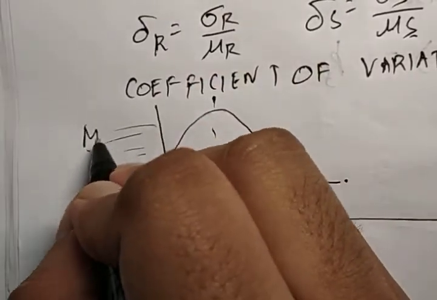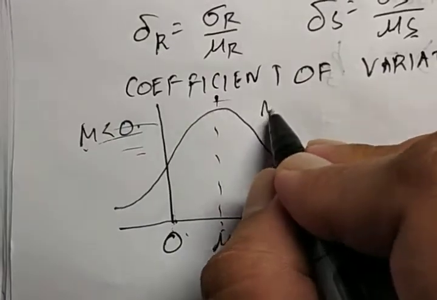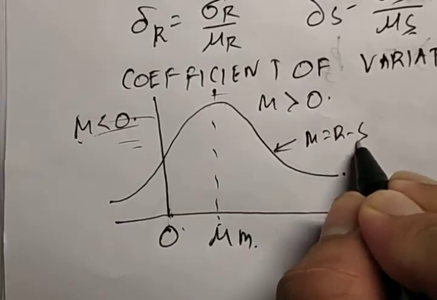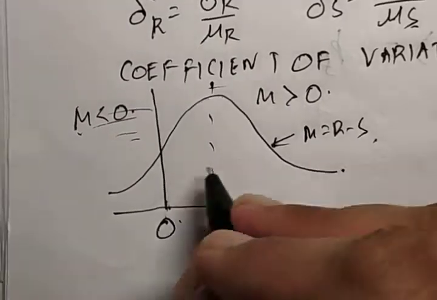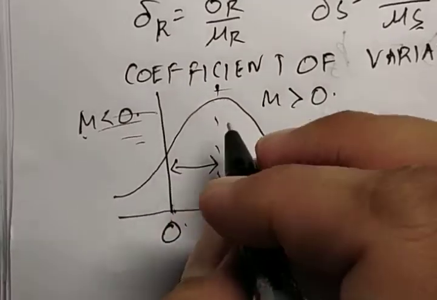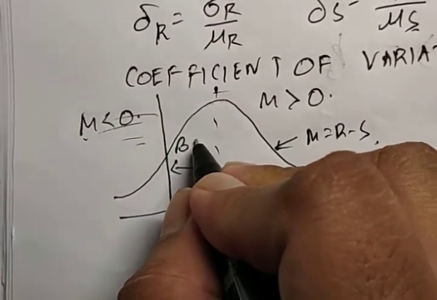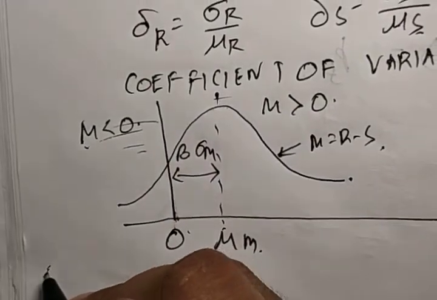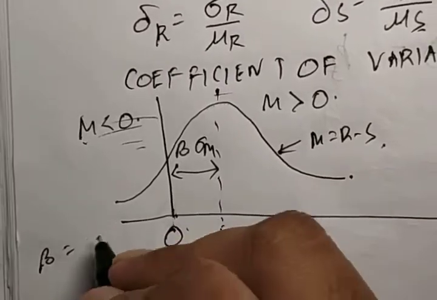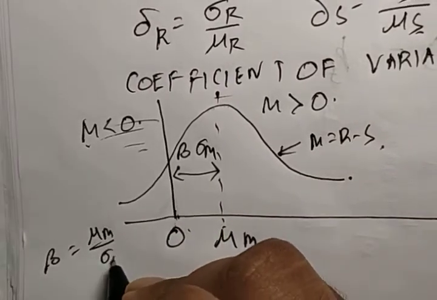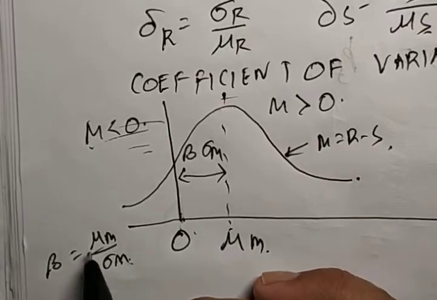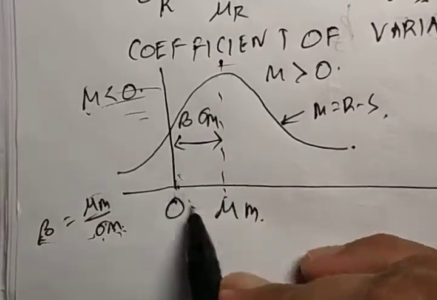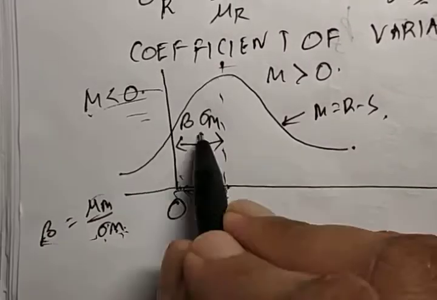So this is m less than 0, and here is m greater than 0, and this is m, which is R minus S. So this distance is beta times sigma m. How did I get this? Because beta equals mu m by sigma m, which means mu m equals beta times sigma m.